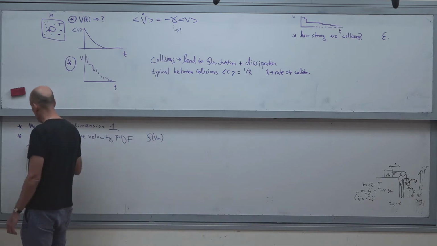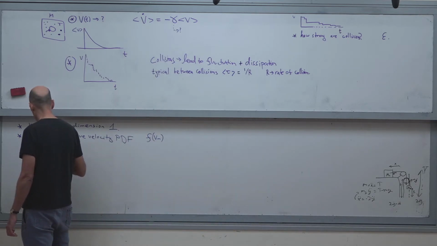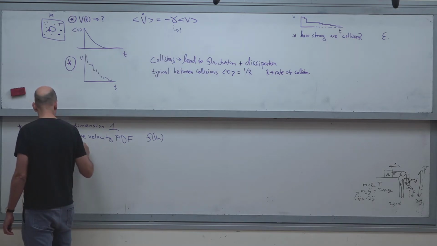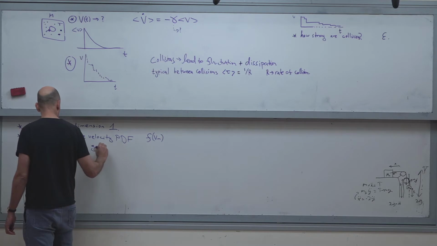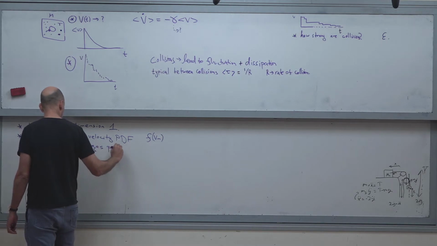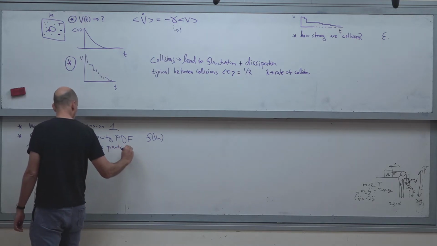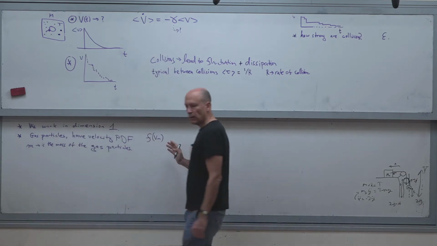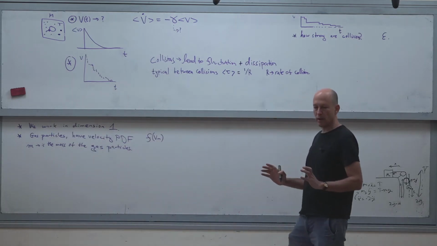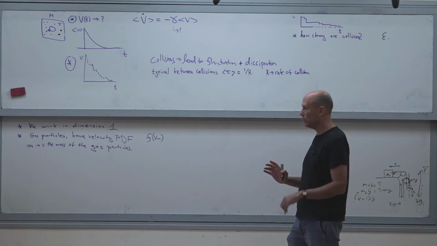The small mass m is the mass of the gas particles. So we have a velocity distribution. I'm not going to specify it at the beginning, but later I will.